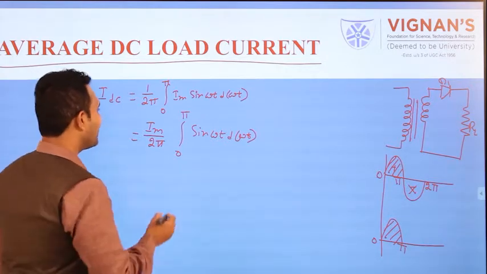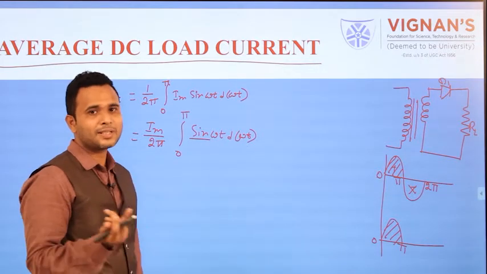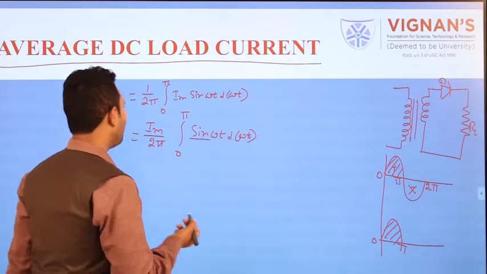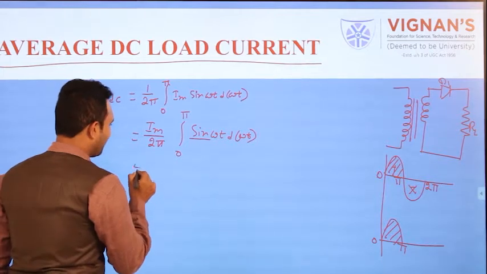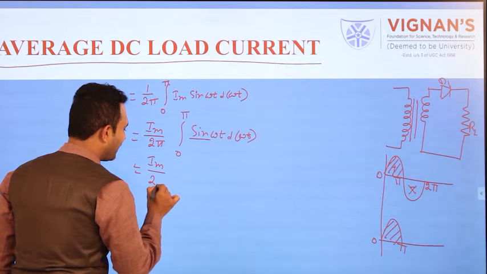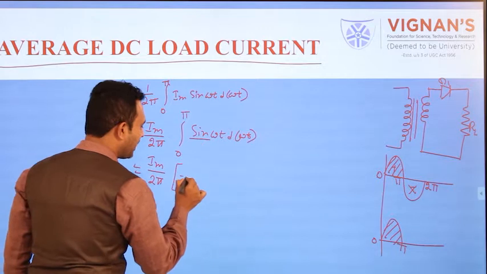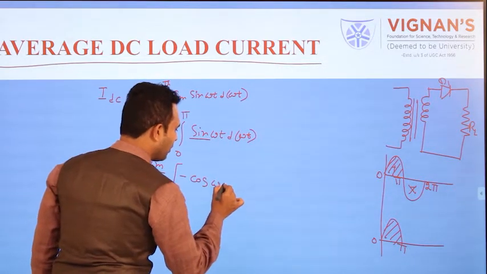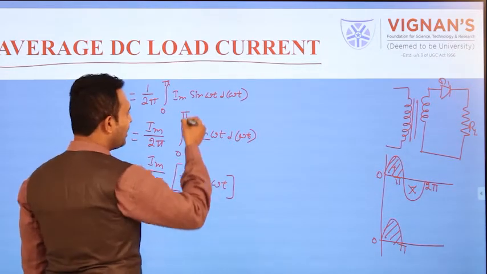What is the integration of sine? That is the basic formula you already learned in first year: the integration of sine is minus cos. So that equals Im by 2 pi of minus cos omega t, with limits 0 to pi.